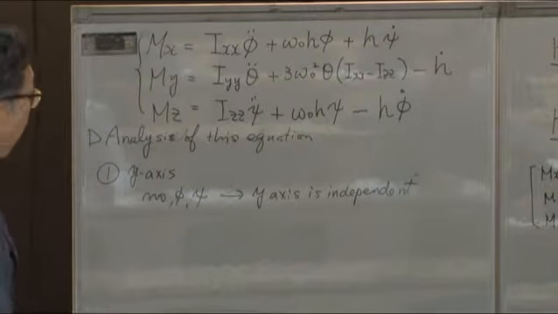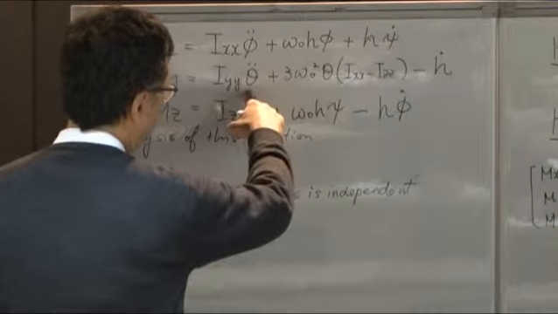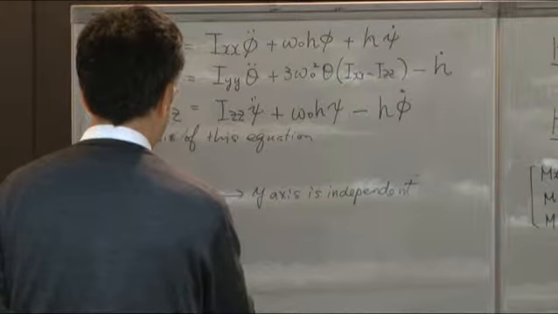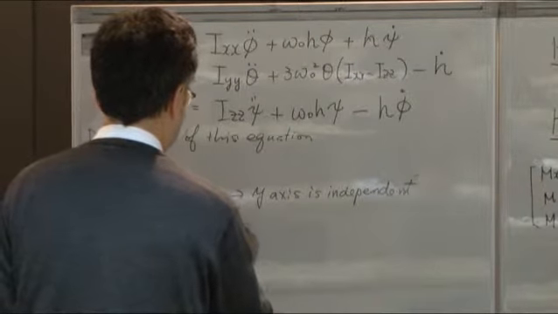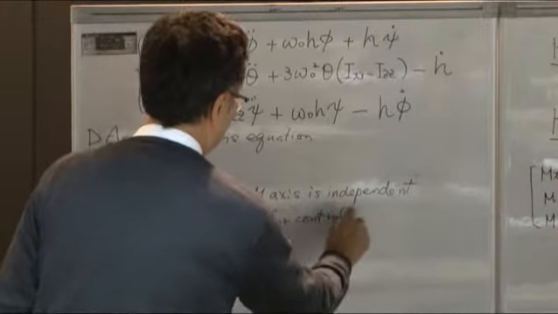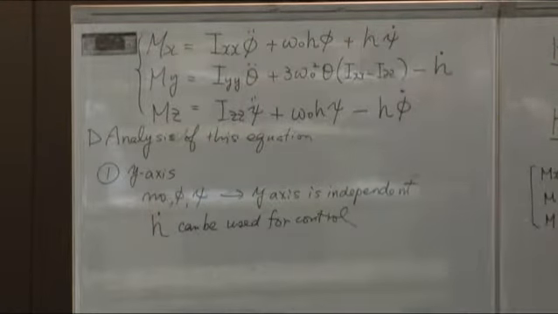And maybe you can see that theta has only theta 2 dot and theta, and h dot appears. This h dot is the change of the internal angular momentum around the y-axis. That means h is, as I said, the multiplication of Iw, the moment of inertia of the wheel, times large omega, the rotational speed of the internal wheel.